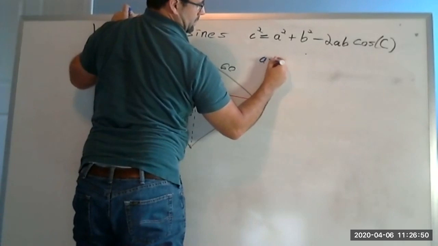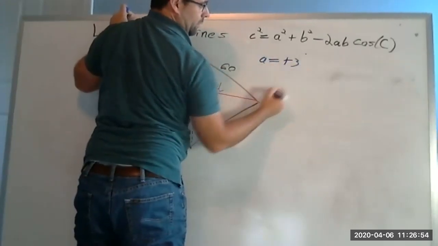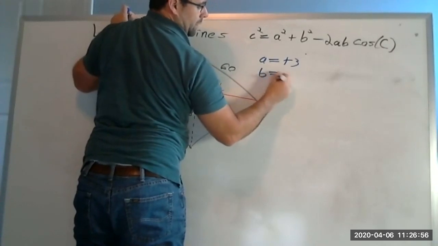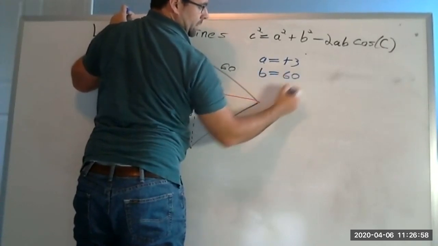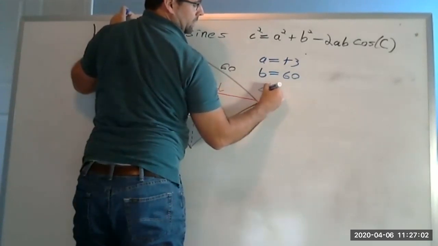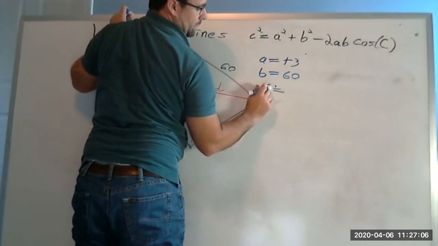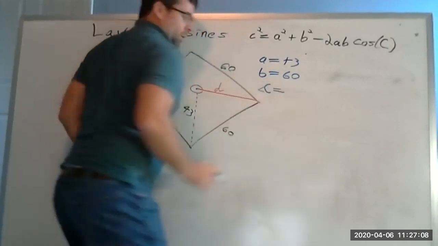Angle C. So A equals 43, B equals 60. What does angle C equal?